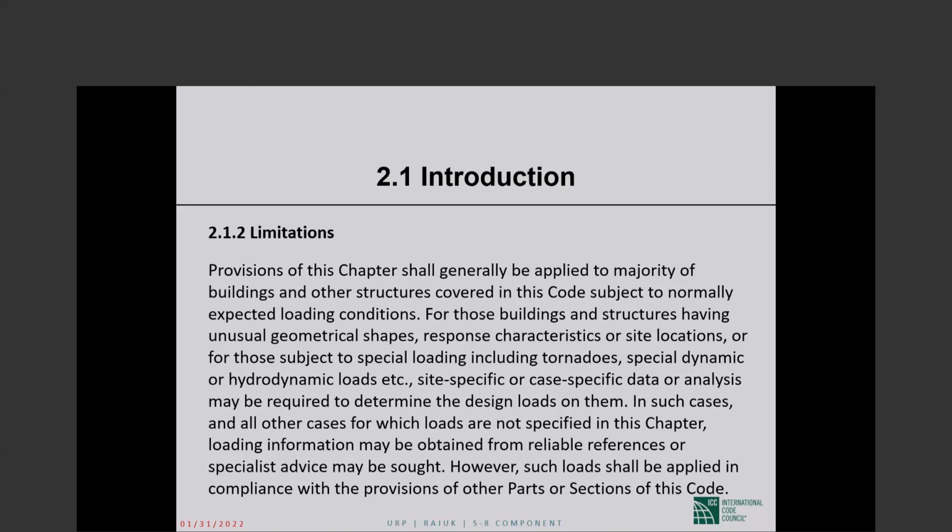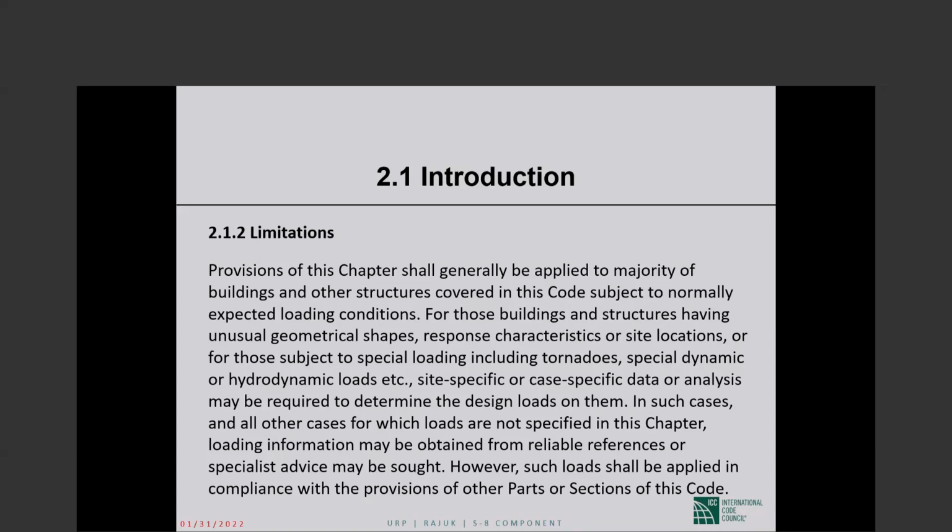For those buildings and structures having unusual geometric shapes, response characteristics, or site locations, or for those subject to special loading, including tornadoes, special dynamic or hydrodynamic loads, etc., site-specific or case-specific data or analysis may be required to determine the design loads on them.